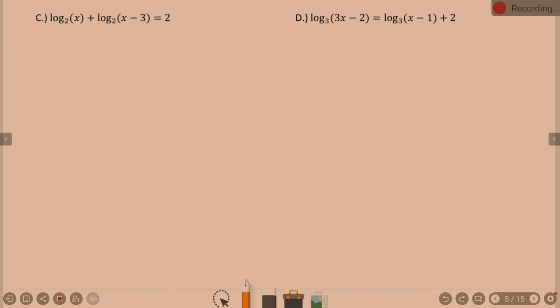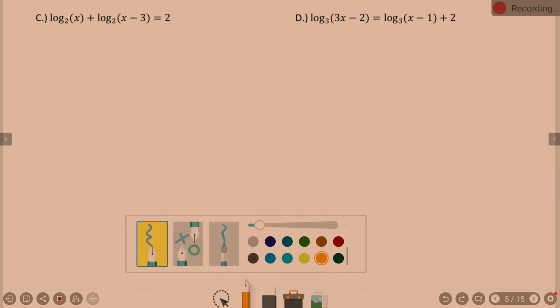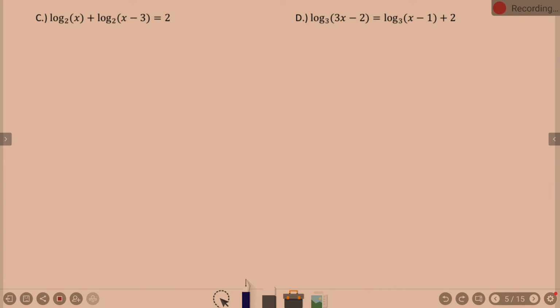This is product property. So log base 2, let's go back to my dark color that you guys can see. So this is going to be log base 2 of x times x minus 3. Okay, 2 logs being added can be rewritten as 1 log where the insides are multiplied.